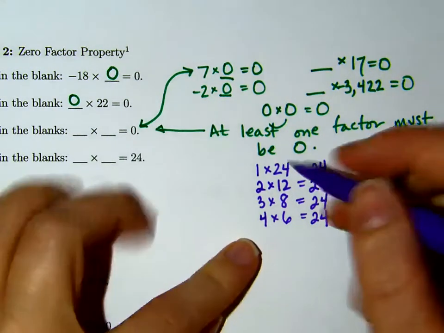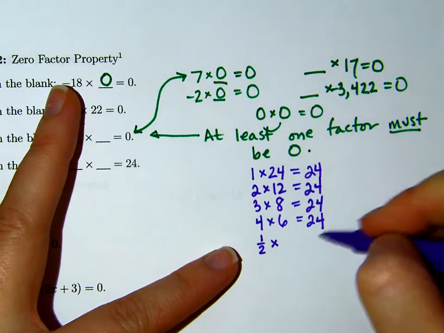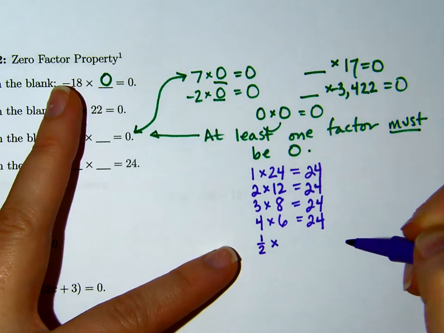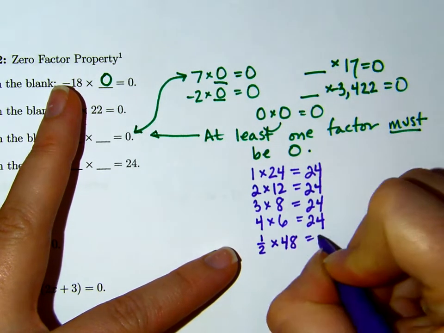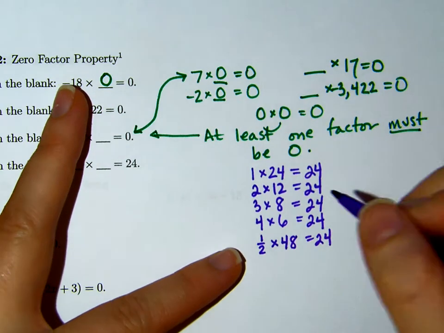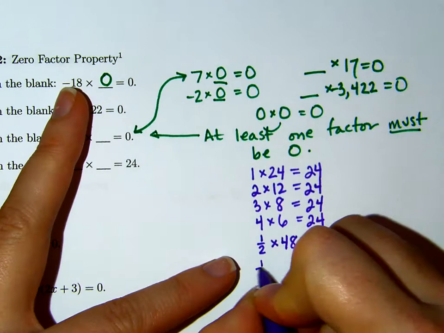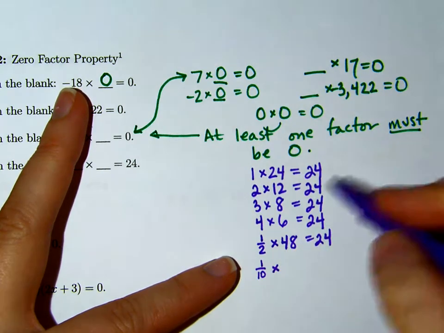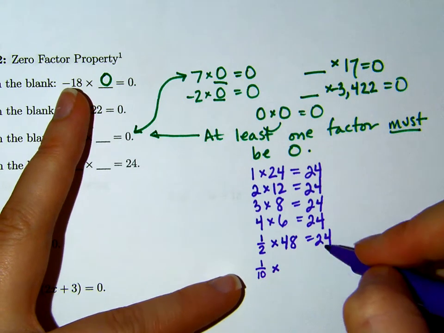What if I said this? Half of how much is 24? Half of 48 is 24. What about a tenth? 1/10 of 240?